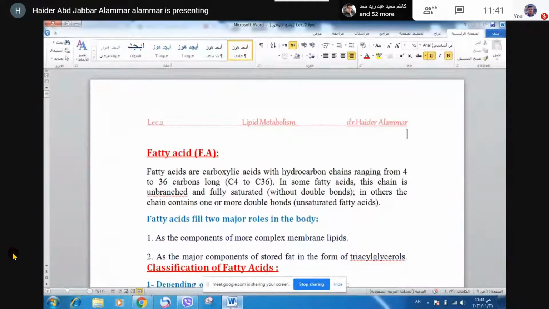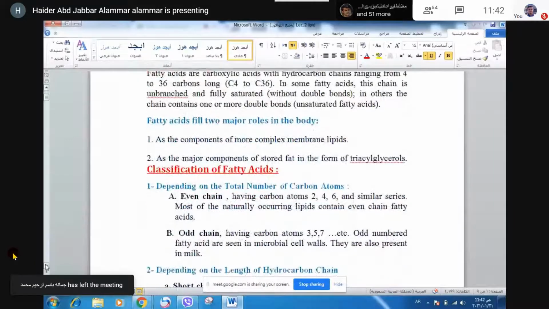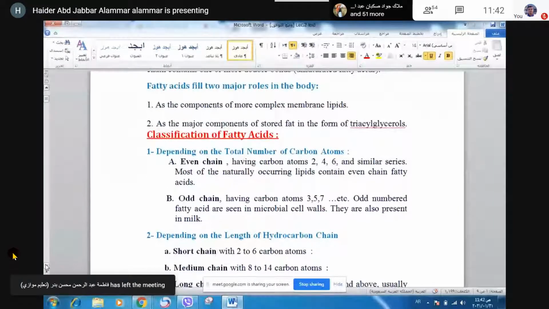The second most important role of fatty acid is as a major component of stored fat in the form of triacylglycerol, which is neutral fat, called triglycerides, which is the second most important source of energy in our body next to carbohydrate in the form of glucose.